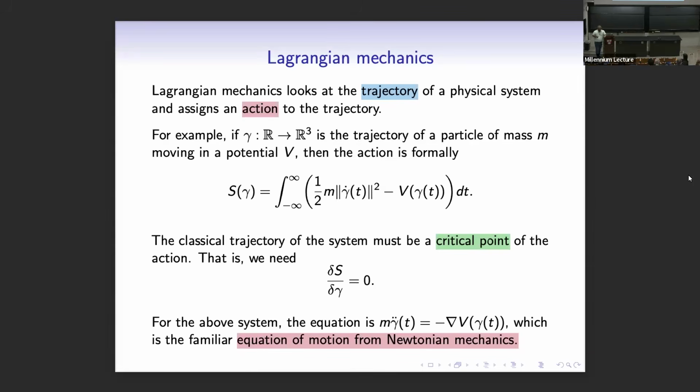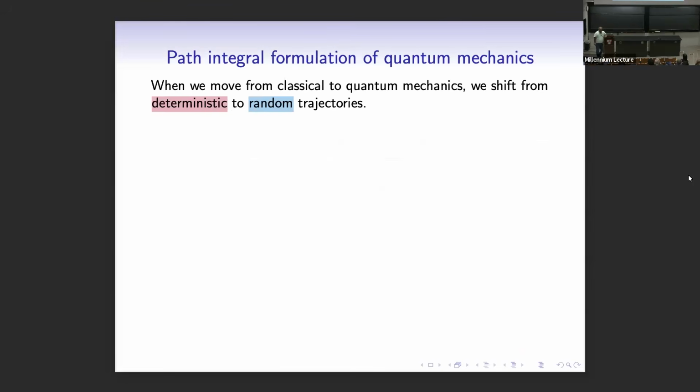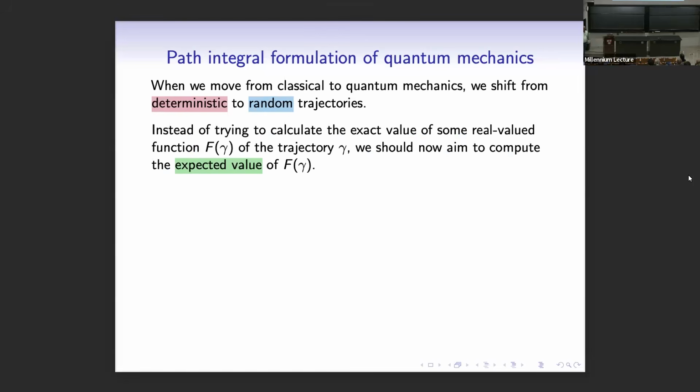Now in the path integral formulation of quantum mechanics, we shift from deterministic to random trajectories. Suppose you want some real valued function of the trajectory, where the trajectory is at some given point of time, or some other function of the trajectory.